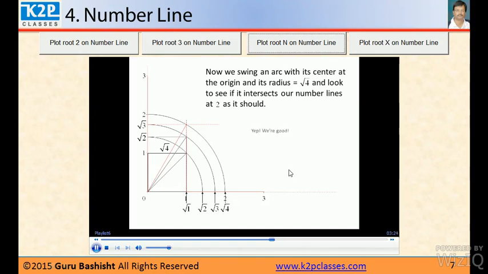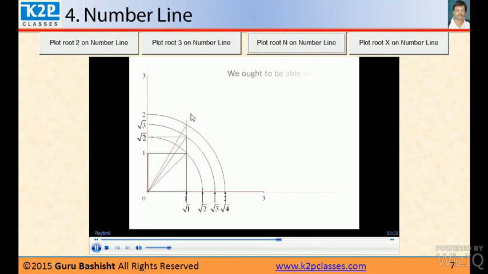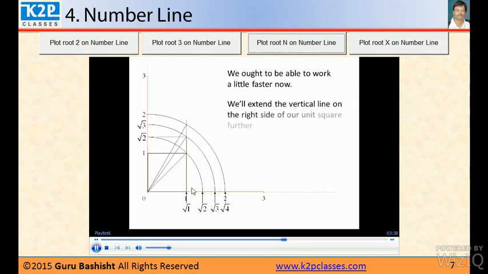Now if we have to find root 5, what will we do? We will make a rectangle here to this side. This will be 2, this will be 1. So 2 whole squared plus 1 whole squared will be 5, root 5.